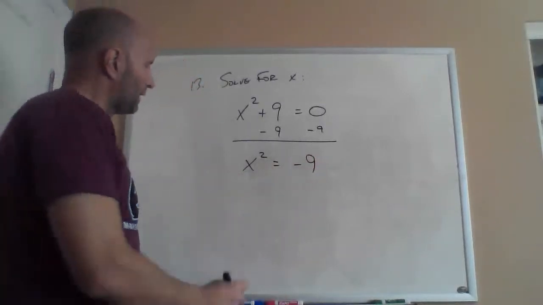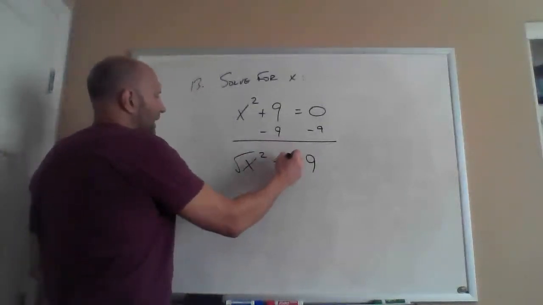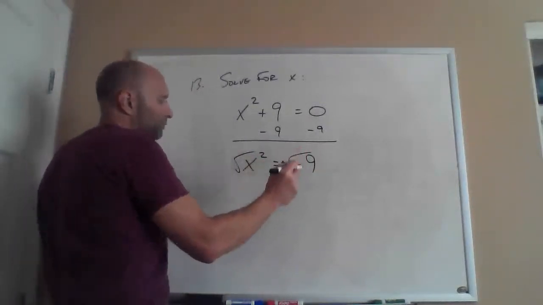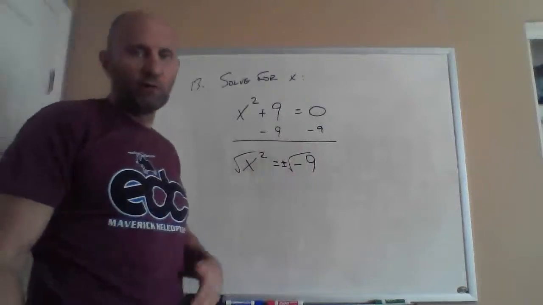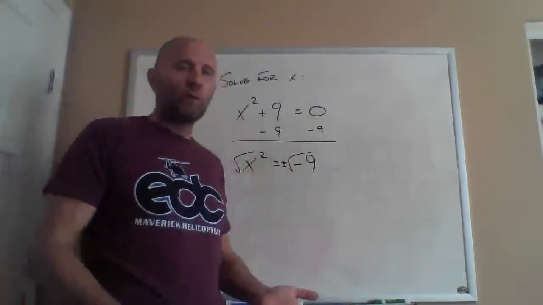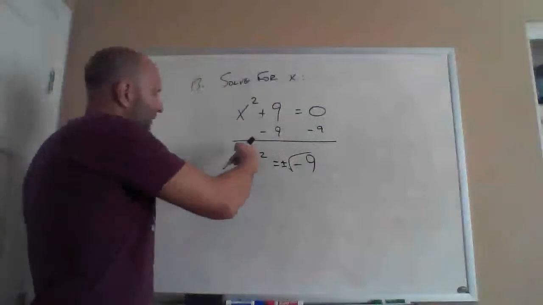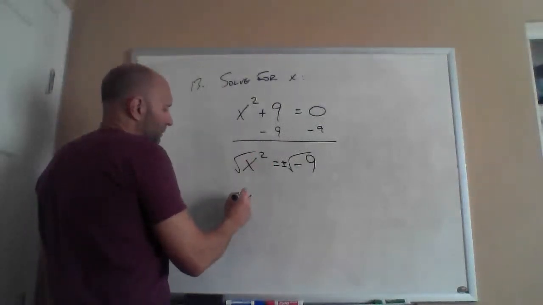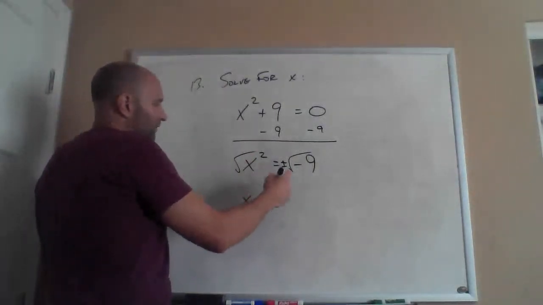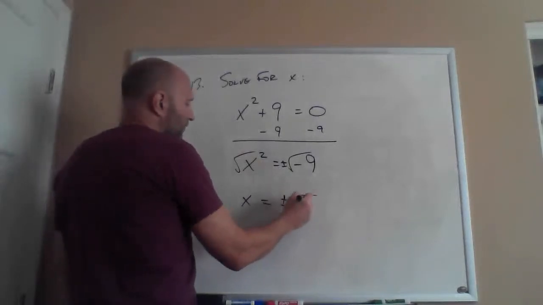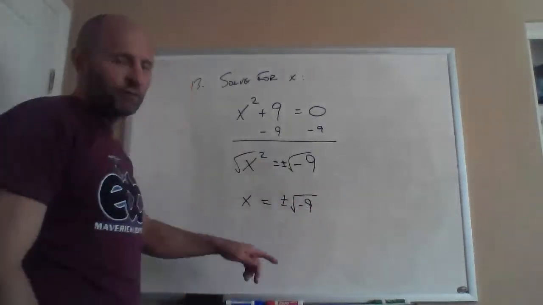And then do what? We have to take the square root of both sides. And don't forget, it's plus or minus. When we're solving quadratics, we take the square root, we have to do plus or minus. So the left side becomes x, and this becomes plus or minus square root of -9.